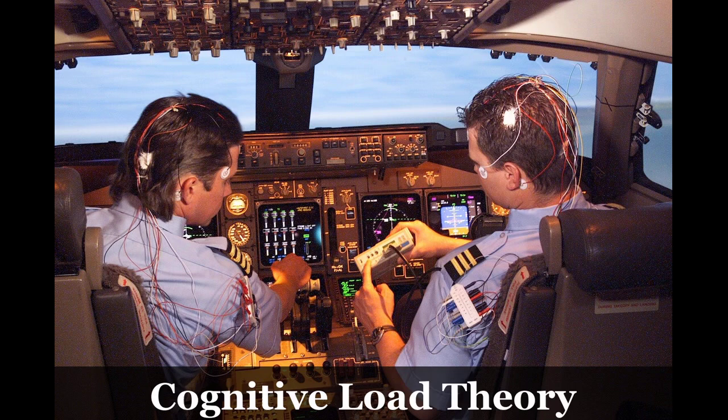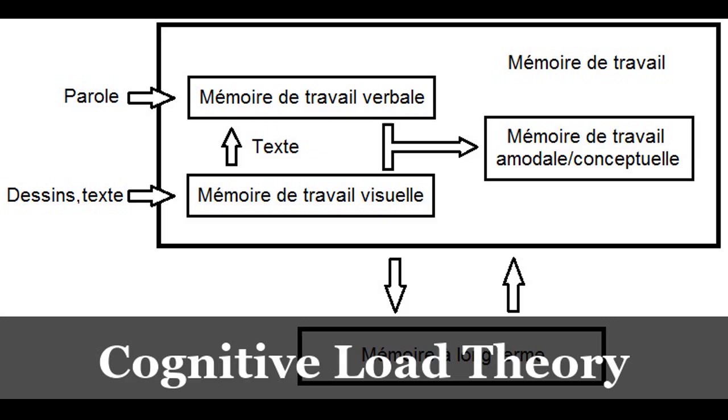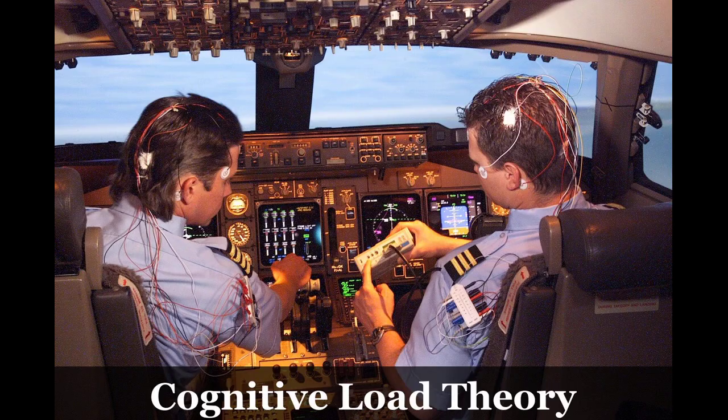For instance, a study on math problem solving found that students who were given clear, step-by-step instructions and relevant diagrams experienced lower extraneous cognitive load and were able to devote more mental resources to understanding the underlying mathematical concepts. Another significant area of research within cognitive load theory is the concept of cognitive overload.